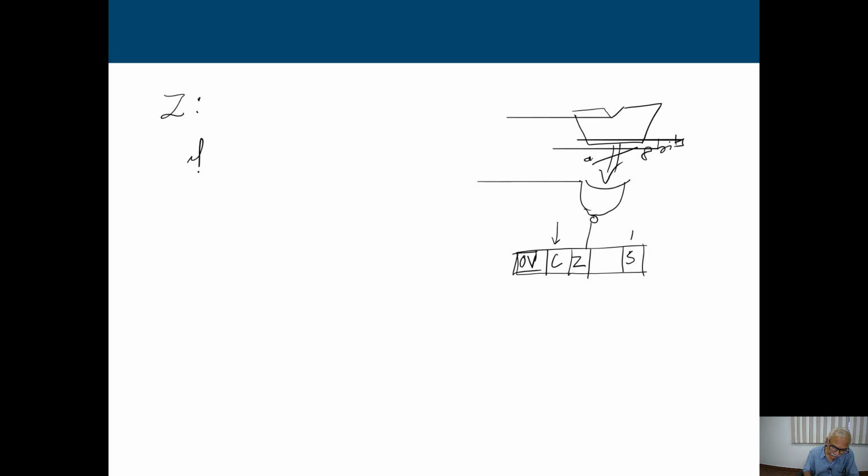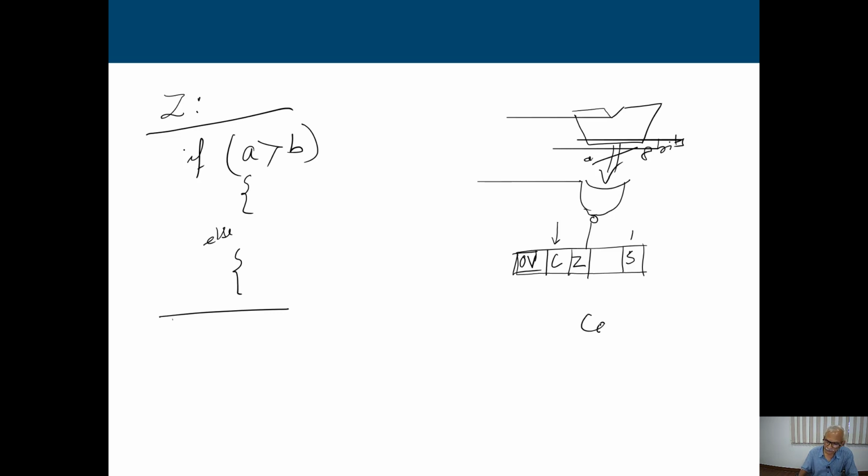And when you use those particular bits, generally you write programs like this: if A is greater than B, then do something, performing this code segment, else perform that code segment. So to do A greater than B, we may have a comparator, and that comparator can set some flag bits, such as equal or greater than.